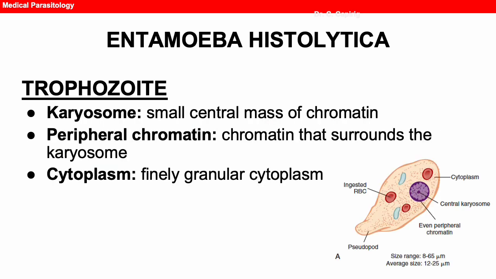The trophozoites have several parts. They have the caryosome, which is the small central mass of chromatin, the peripheral chromatin, which is the chromatin that surrounds the caryosome, and the cytoplasm, which is characterized by a finely granular cytoplasm. So the nucleus of the trophozoite has the central caryosome, made up of chromatin, while the peripheral chromatin is located at the nuclear membrane.